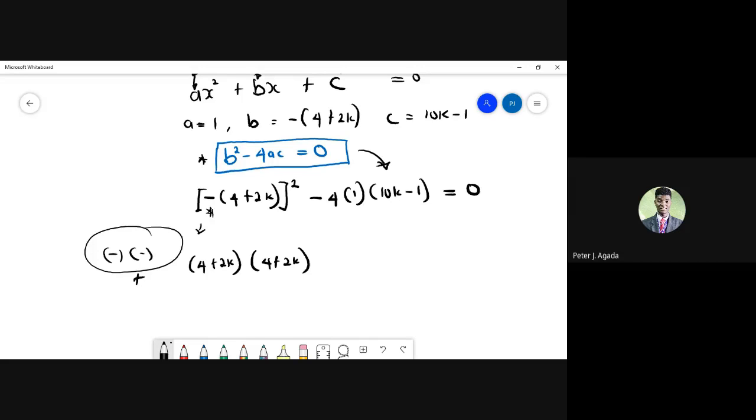The next thing that I have to do, so I'll just remove that part of it. We can have minus, let's solve it one after the other. So I can have this one here, minus my 4, 1, and my 10k minus 1, all equal to 0.